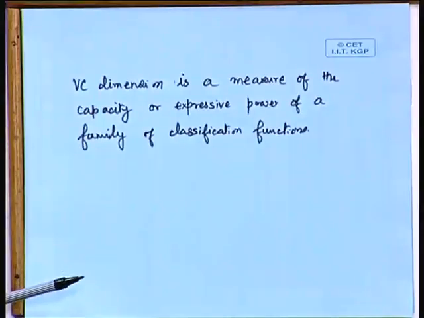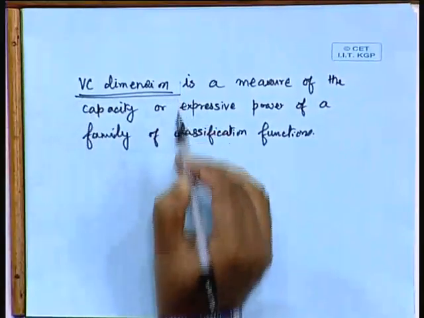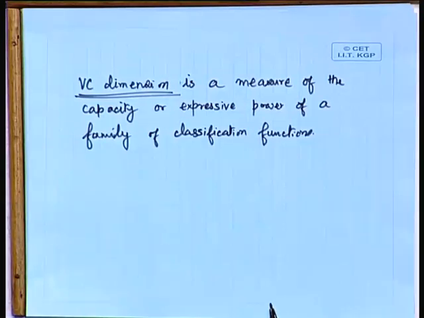And how powerful these classification functions are, or to pose the problem in a different way: given some classification functions, what is the number of training patterns that can be fed to the system so that the classification is possible without making any error? That is what we are looking for, and that is where the VC dimension has become a very powerful tool.